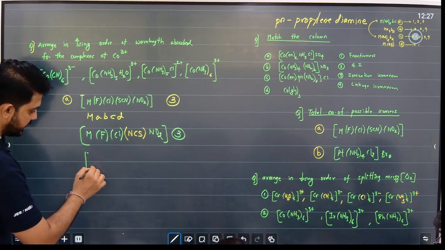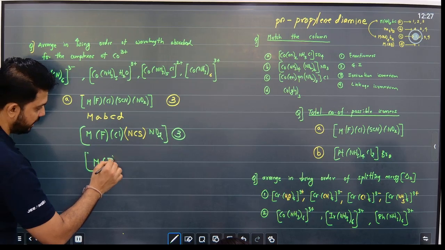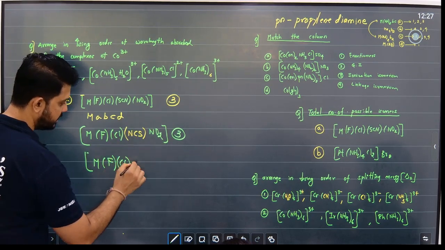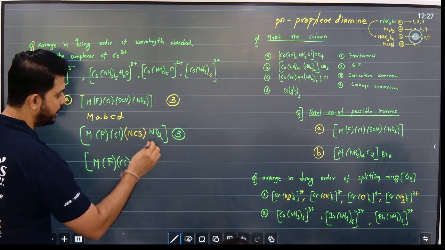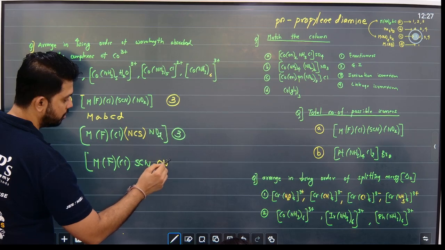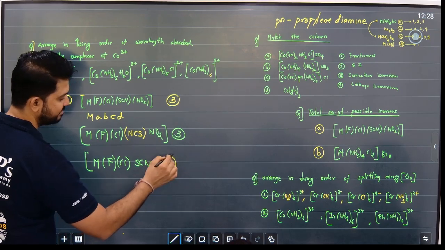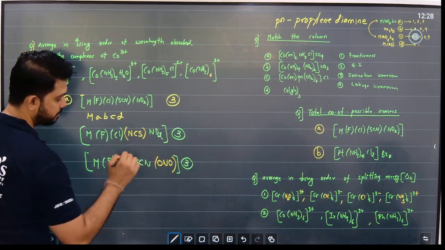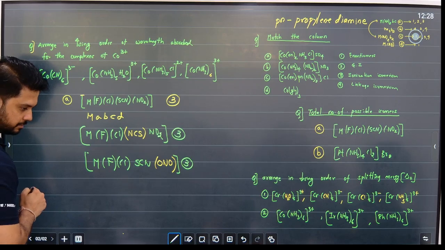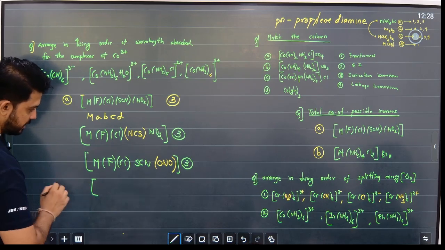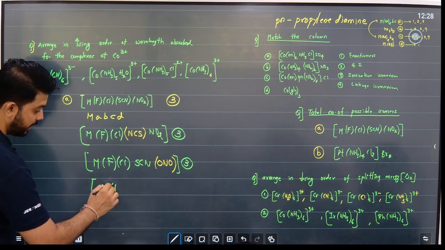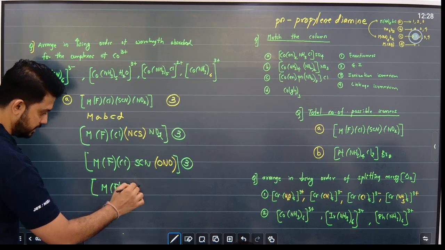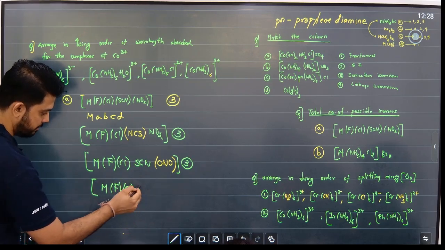Yes. Next, M, F, Cl, SCN, but NO2 is, oh no. Understood, this will have 3 again. And finally M, F, Cl. Now S, yes, both will be in their ambidentate form.